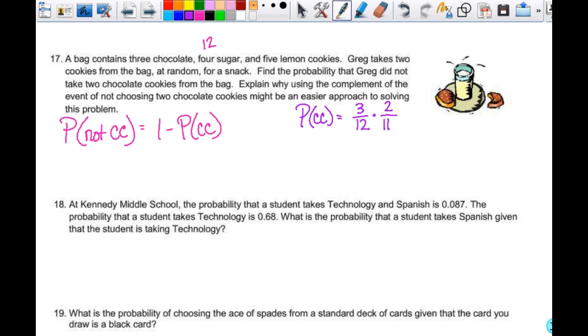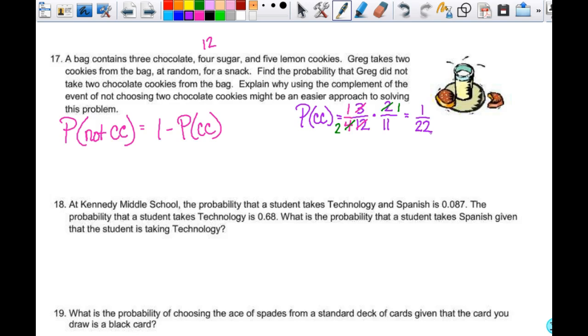So I can reduce before I multiply here. 3/12 becomes 1/4. And then this 2 can reduce with this 4. So in the end, what that gives me when I multiply is 1/22. So there's my probability of chocolate chip, 1/22.